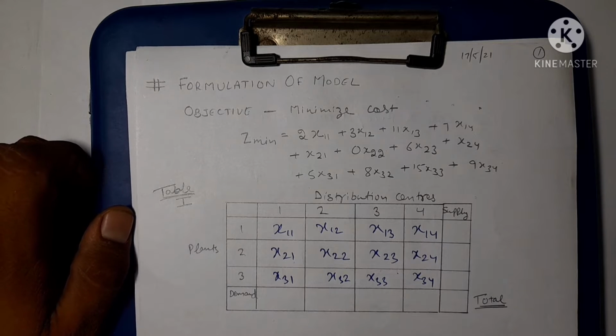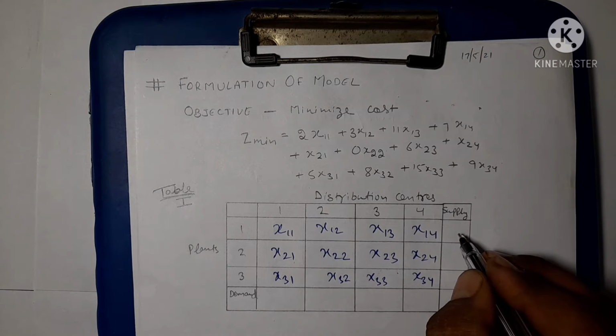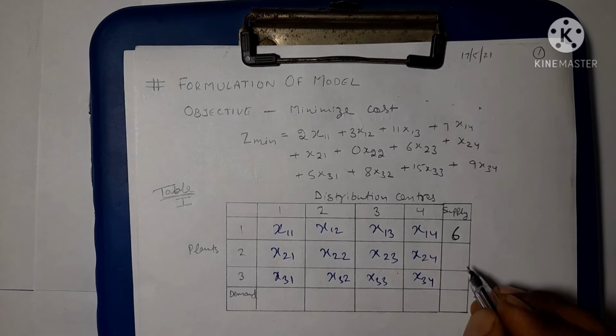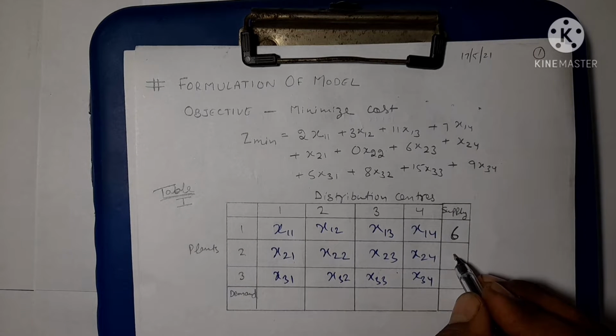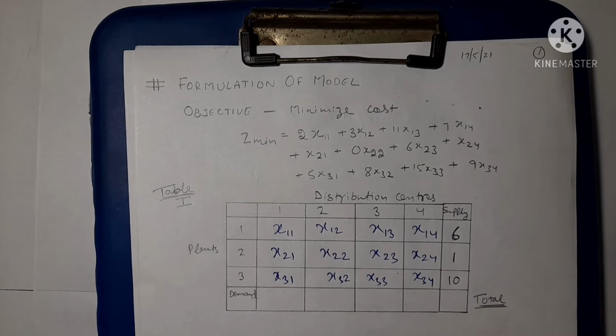Now, to complete this matrix we need to define the supply and demand. For the supply, it is 6 million liters from plant 1, 1 from plant 2, and 10 from plant 3.